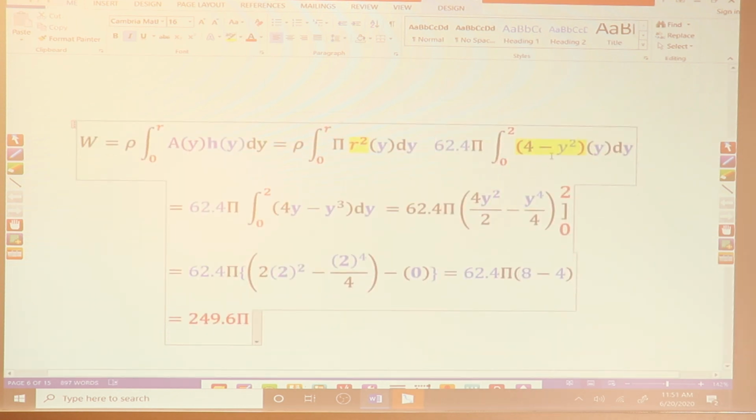Now multiply 4 times y, and y squared times y gives y cubed, then integrate it. The weight density 62 and pi go out as constants. Both of them are what? Constants. You can take them out.